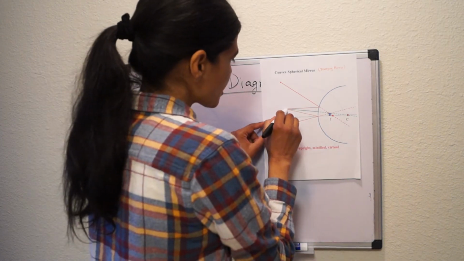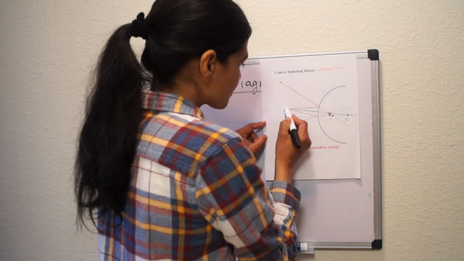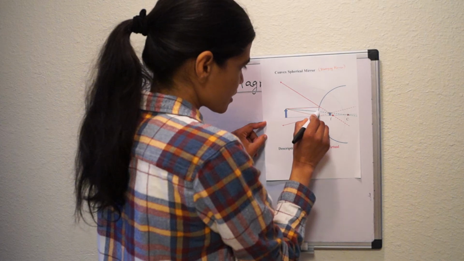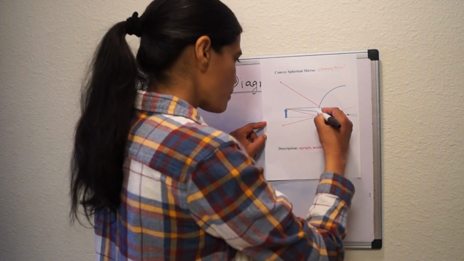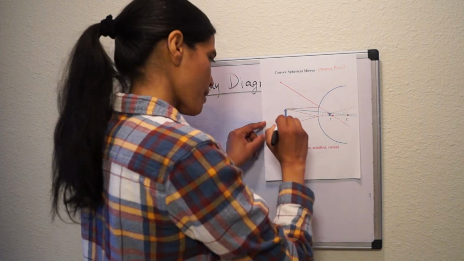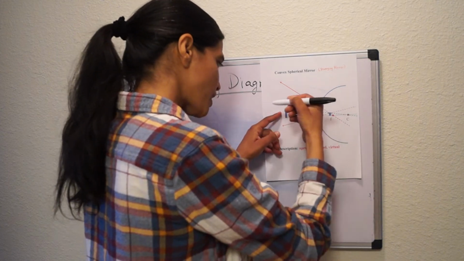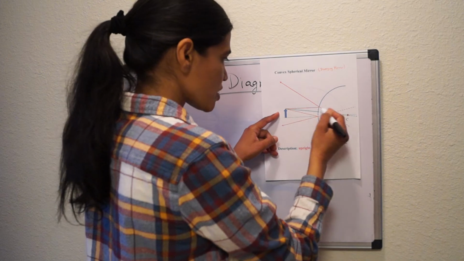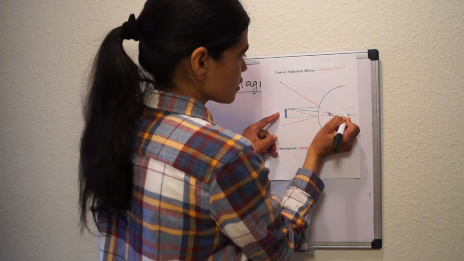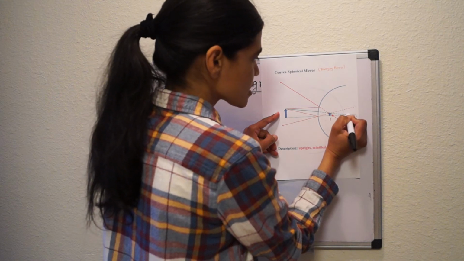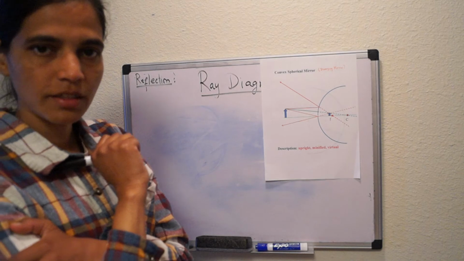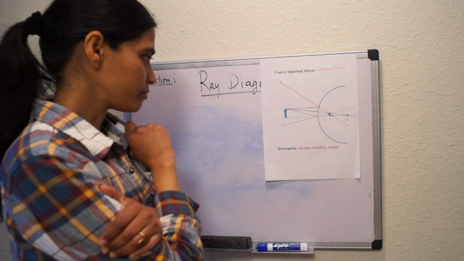If we make a line from the tip of this image, it goes through the green path here. Once it touches the mirror, it's reflected back through the same path. For that reflected ray, we can make a projection behind the mirror, a dotted line that passes through the center of curvature here. So please draw that one.